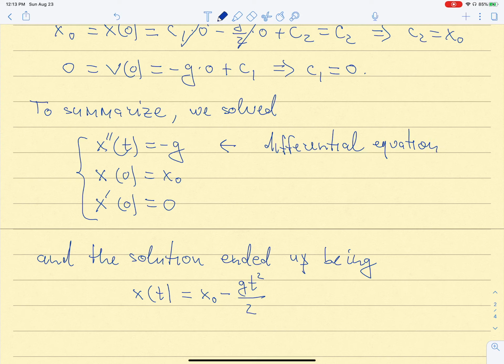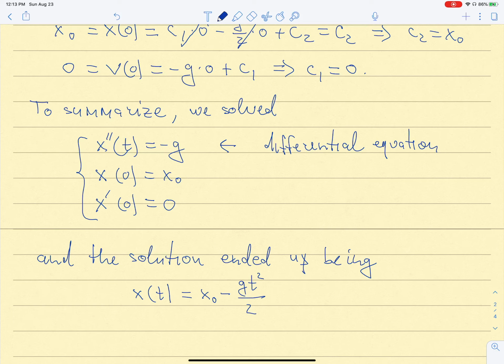So in fact, we solved it, right? So you already know enough to solve at least simple differential equations. So the question might be, why do we need the entire course to study this sort of problems? And you'll see later on, in fact, later on today, that not all differential equations are going to be as easy to solve as this one.